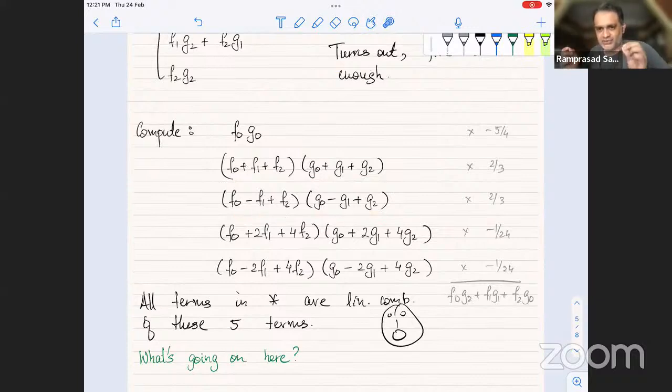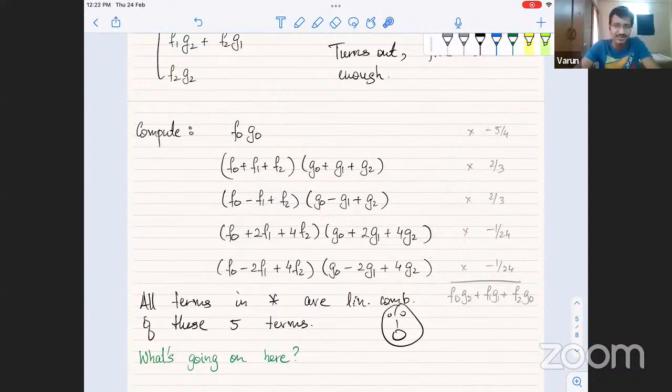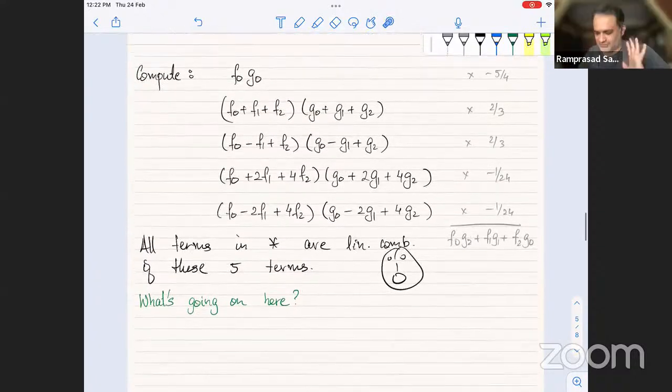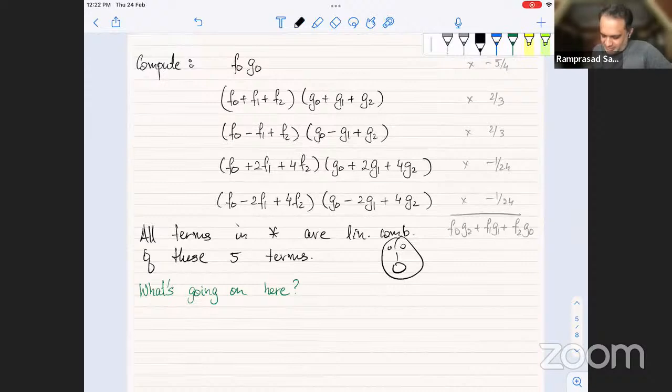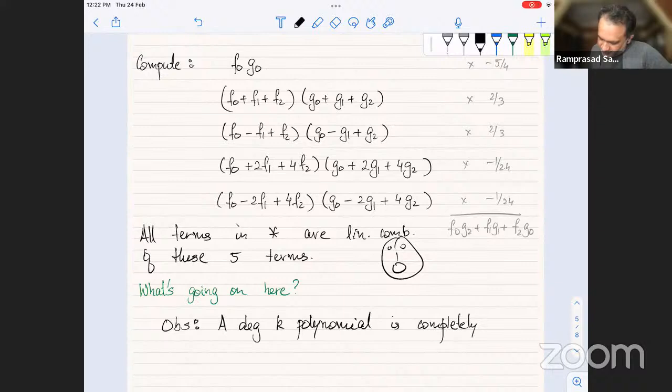These are things where powers are put to -1. This is like powers put to 2 and powers put to -2. On the face of it, it seems a little weird. We are evaluating these polynomials. Exactly. And here is an observation that you must have seen in high school or wherever, that a degree k polynomial is completely determined by k plus 1 distinct evaluations.